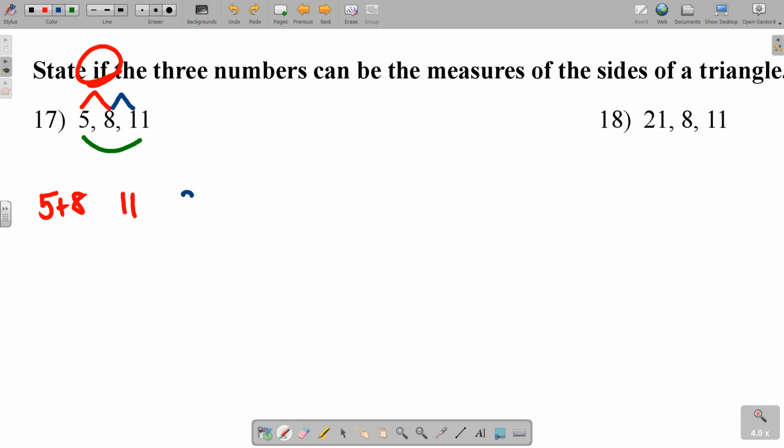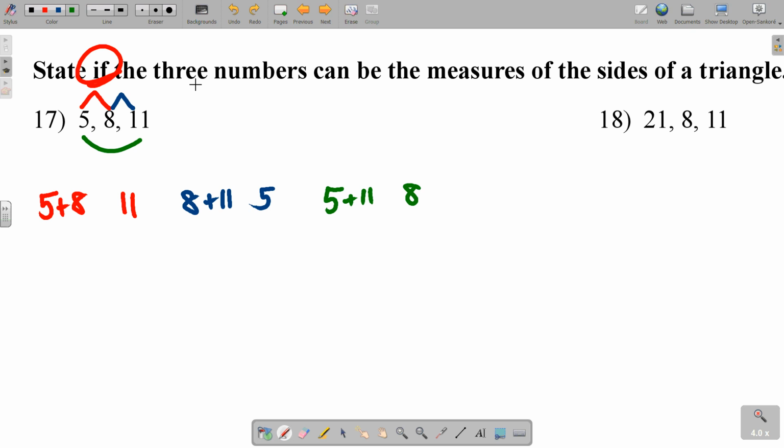And then you do 8 plus 11, is that bigger than 5? And then the last one, 5 plus 8, is that larger, 5 plus 11. Five plus 11 is bigger than 8.